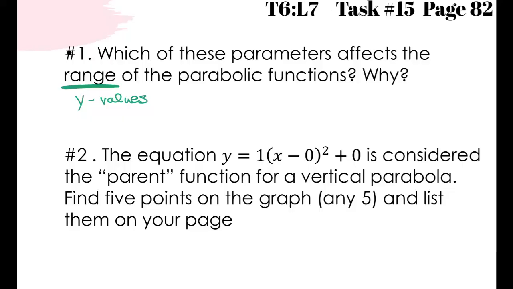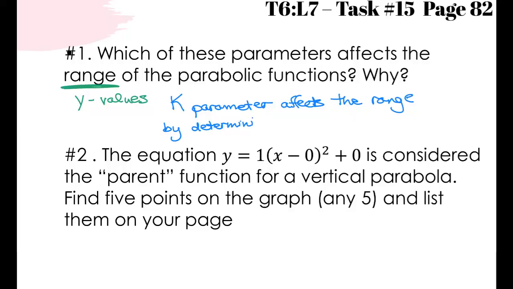Yes, it is K. So the K parameter affects the range by determining how far you go up and down.